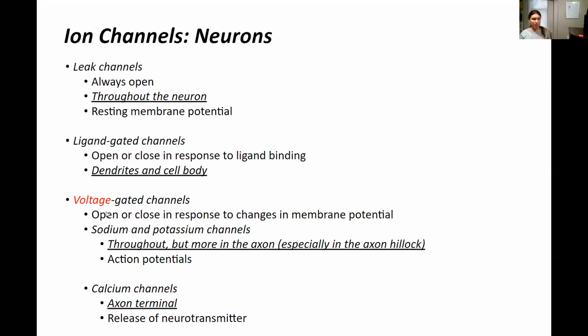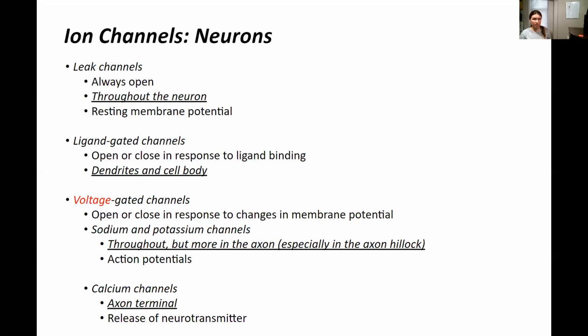We'll see that there are voltage-gated channels for both sodium and potassium. Their actions are a little different and they trigger on different time scales. We'll go through how that creates our wave of the action potential. We'll see them throughout the neuron, but the especially important place to think about voltage-gated channels is the axon.